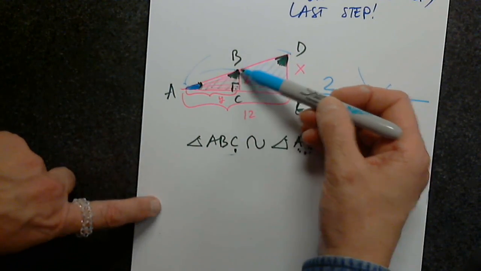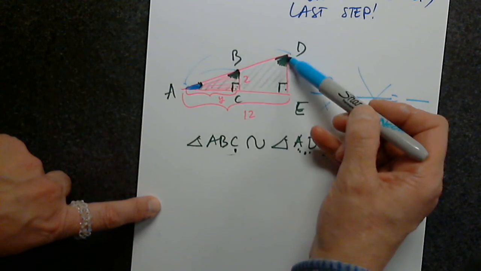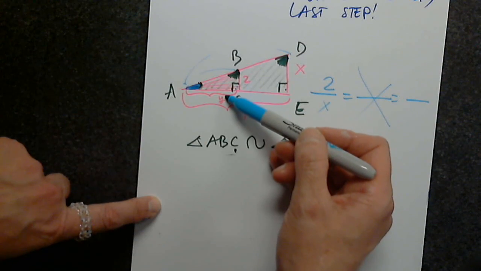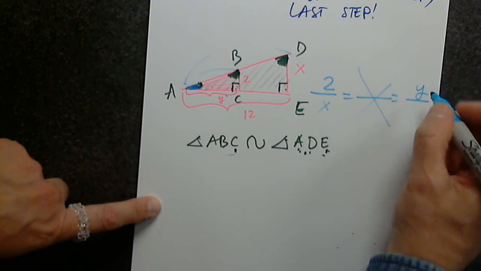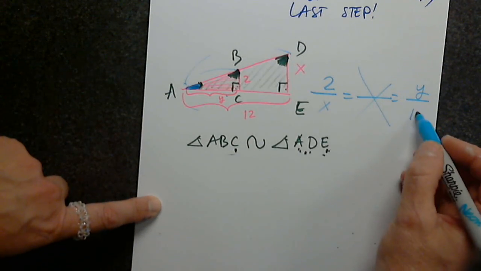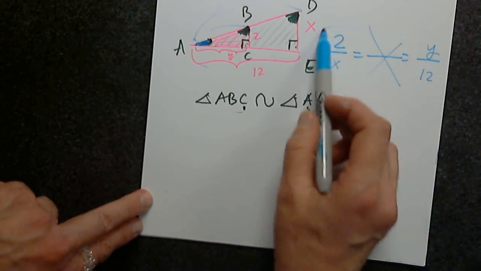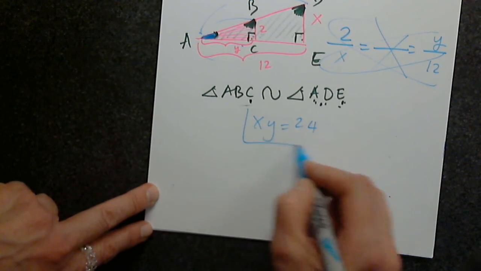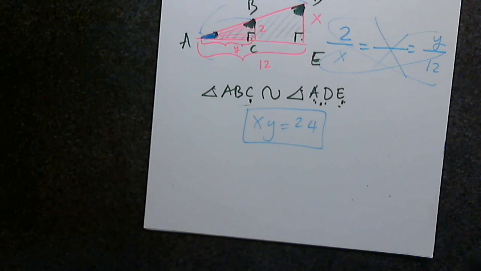But this and this, these two are congruent, equal. The opposite of this is, here's my relationship. xy equals 24. I found the relationship between the distance that I cover and the height of the shadow.